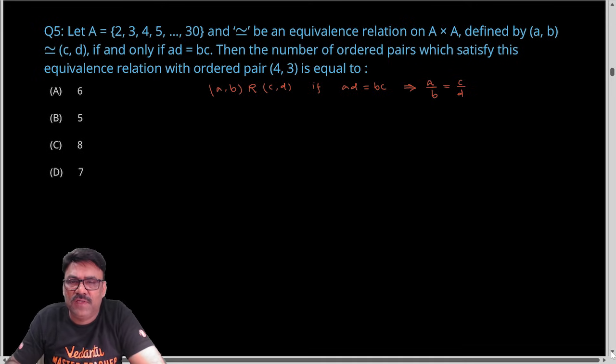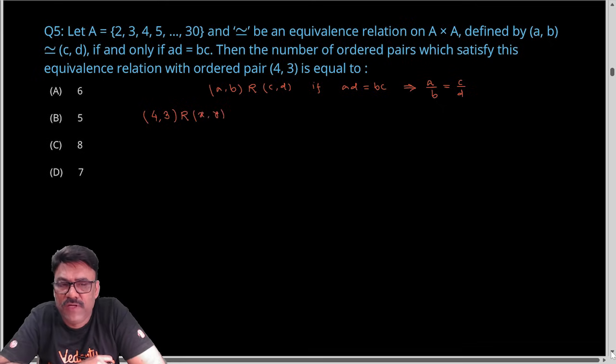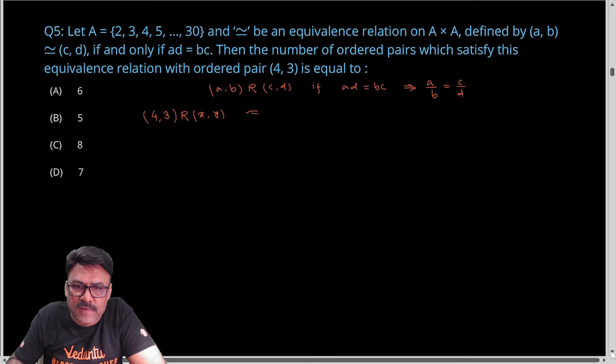So that means, let's say X, Y is related with 4, 3. Then X over Y must be equal to 4 by 3.